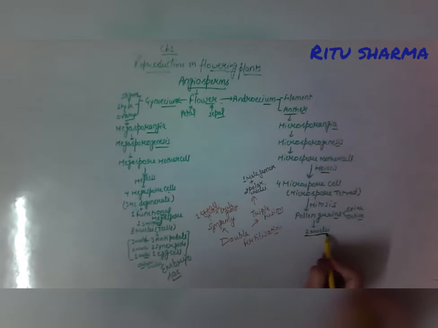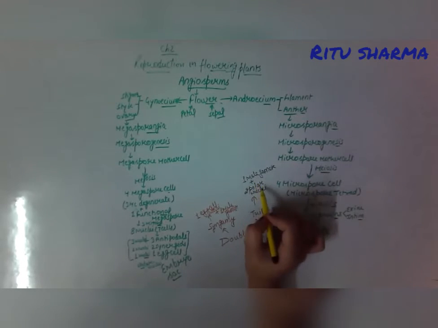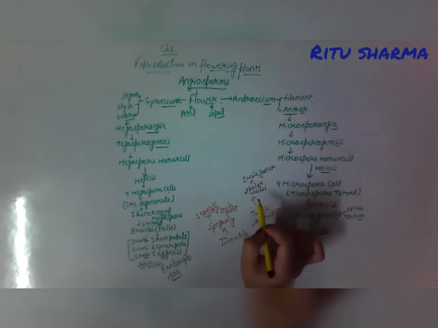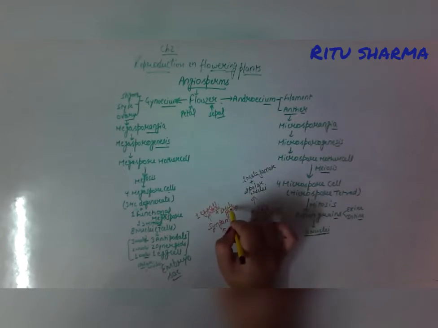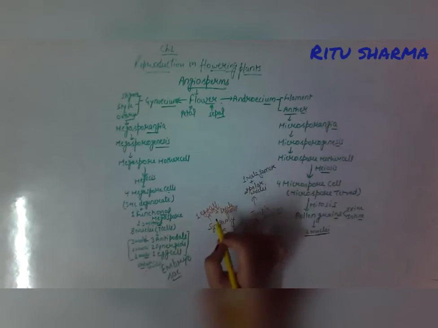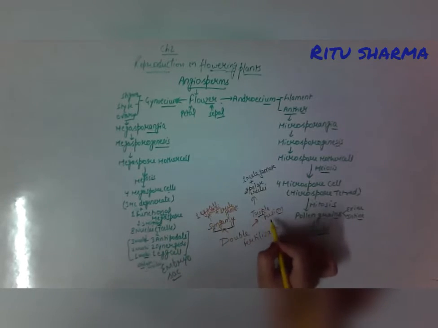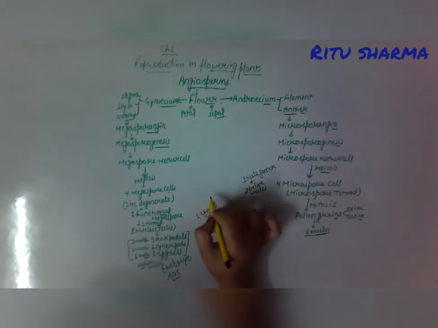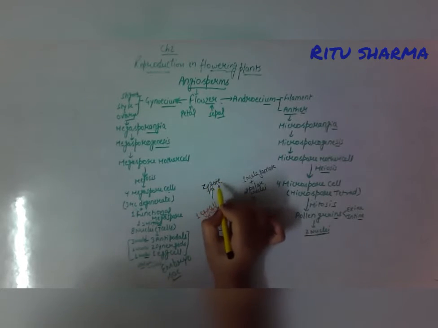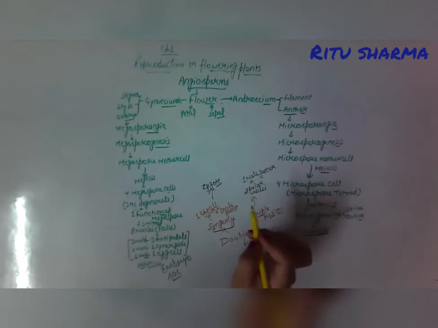Out of 2 nuclei, one will be fused with the 2 polar nuclei of the embryo sac, and one will be fused with the egg nucleus of the embryo sac. This is syngamy and this is triple fusion. After syngamy there will be the formation of a zygote, a single diploid cell.